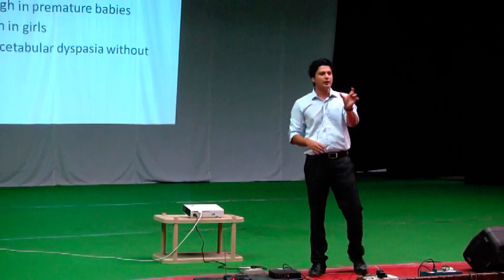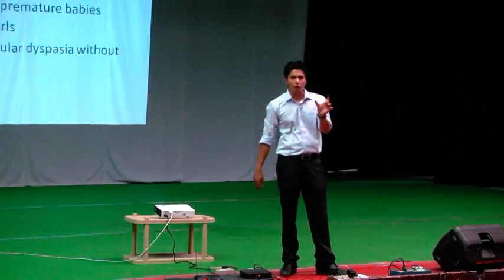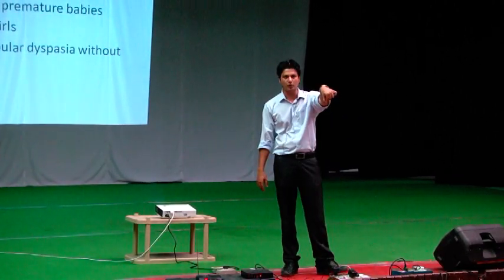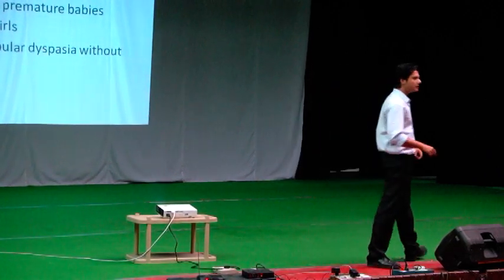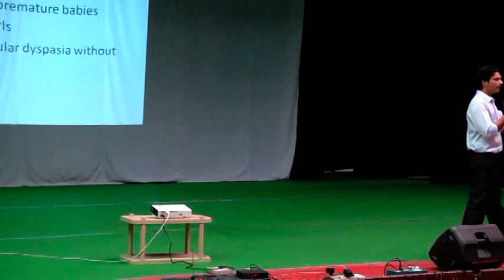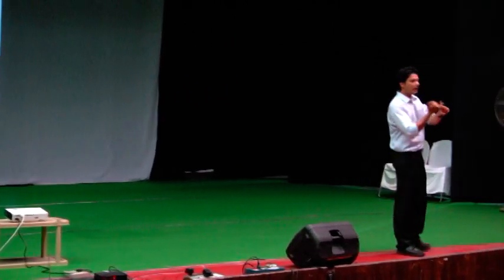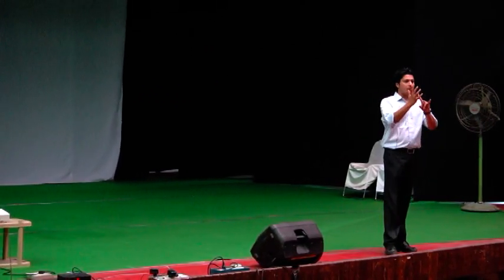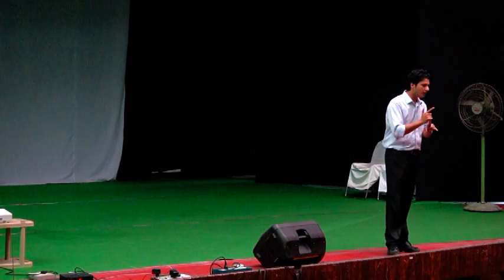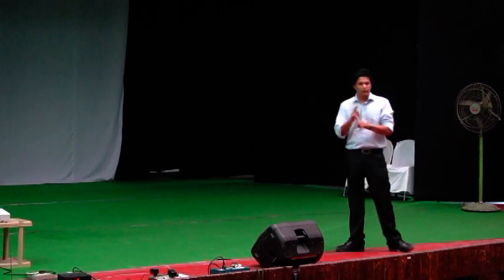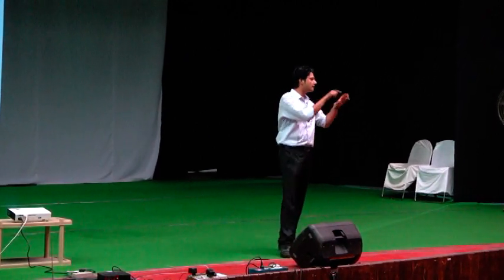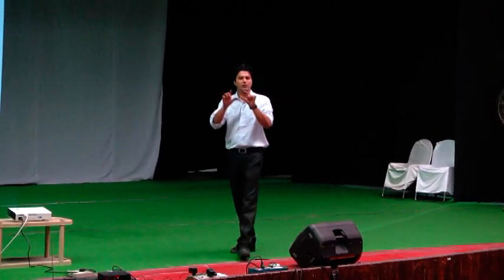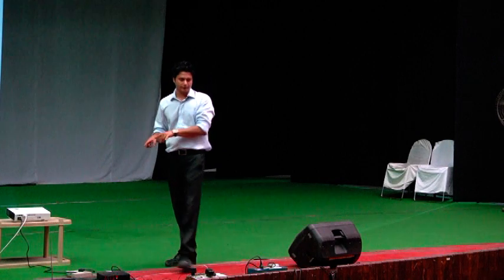So how to differentiate between primary and secondary osteoporosis? For that we have Z-score. In the Z-score we take into consideration same age, same sex, same ethnicity, and same region.